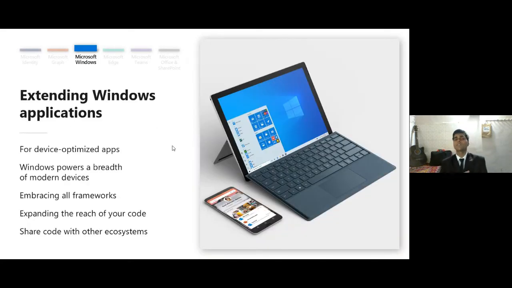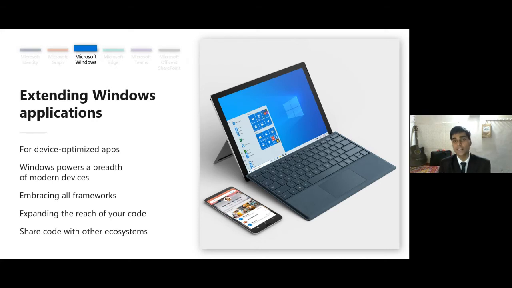So now Microsoft Windows, the most known and most used operating system, and extending Windows applications. Windows has advanced a lot since its inception. Today's Windows 10 is probably one of the most effectively used and most widely featured OS from Microsoft, and it is for device-optimized applications.